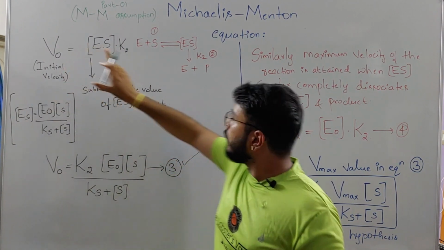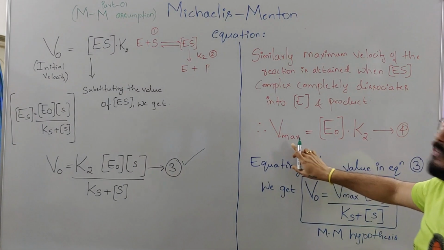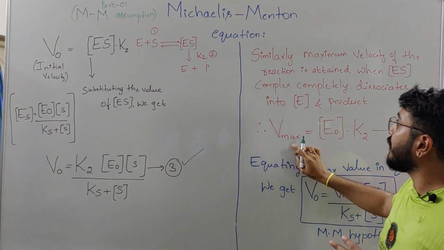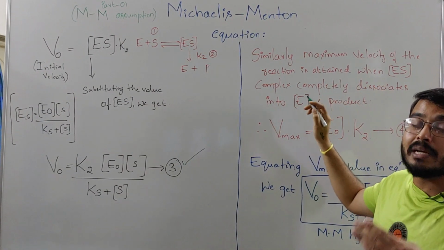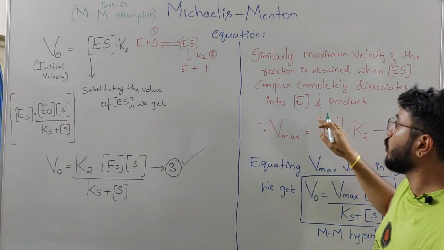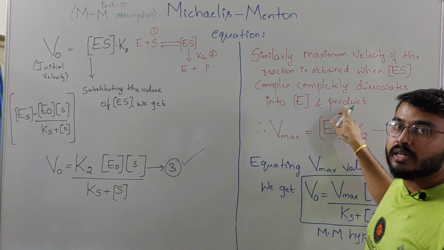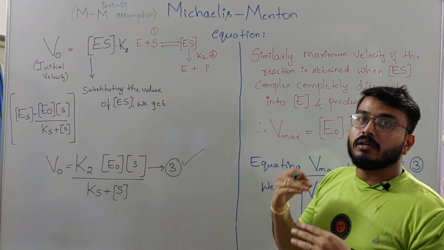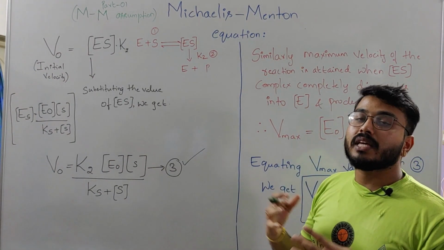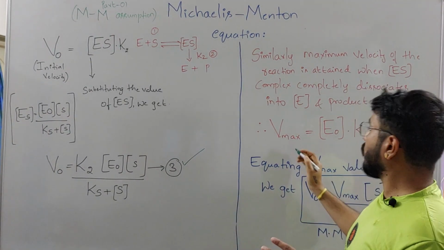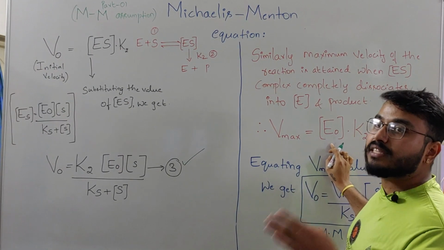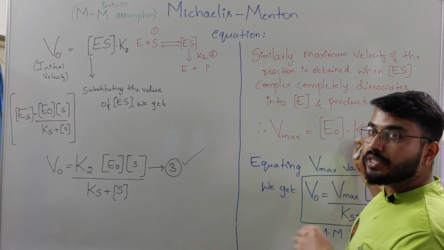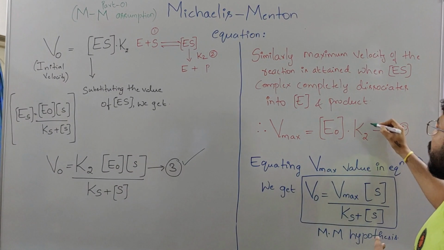Similarly, when you want to calculate the Vmax, the maximum velocity of the chemical reaction, the maximum velocity is attained when the enzyme substrate complex completely dissociates into enzyme and product, giving the total enzyme availability in the chemical reaction as 100%. Therefore, Vmax calculation depends upon the E0, and for the dissociation constant we take K2 into account.